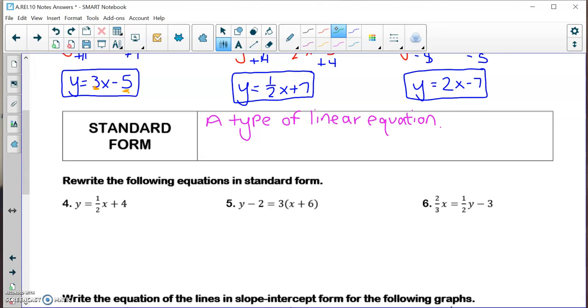So standard form is in the form of a times x plus b times y is equal to c. However, there are rules. A, B, and C will be filled in with numbers. And these numbers must be integers, meaning that they cannot be decimals, they cannot be fractions.